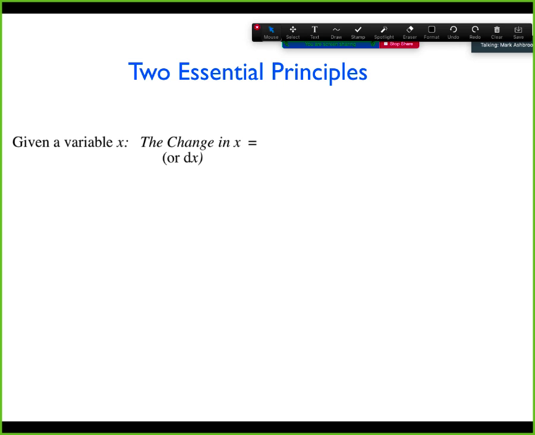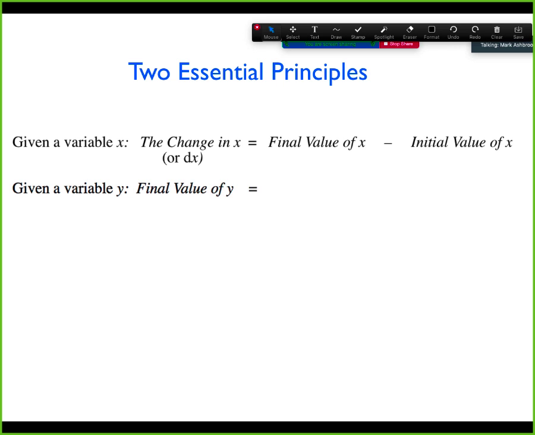The amount of variation is the final value of the quantity minus the initial. Okay, and then given a variable y, we came up with something that would tell us the final value of y. What would that be? The initial value of y plus the change in y, or dy.